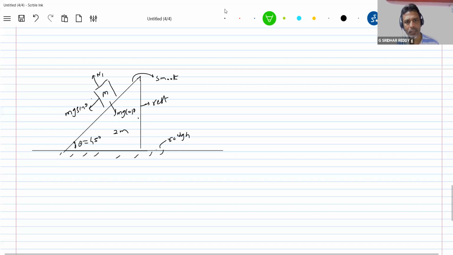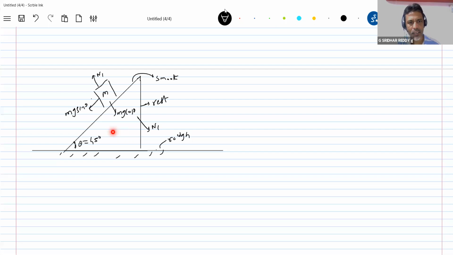And I'll give color like this. This is the normal contact. Then the weight of this will act. The weight of the wedge will act, 2 mg. There'll be normal reaction by the ground on the wedge. It will be in this direction.